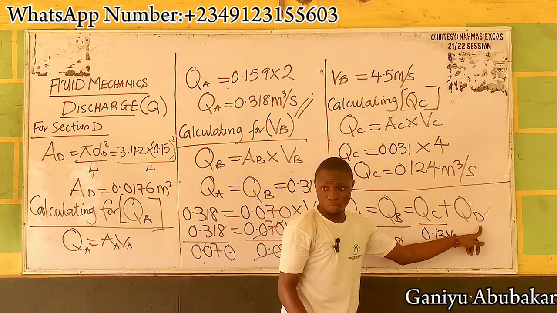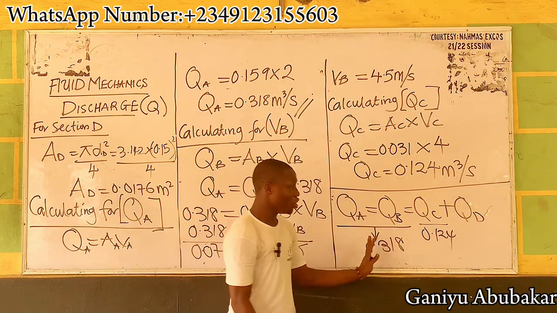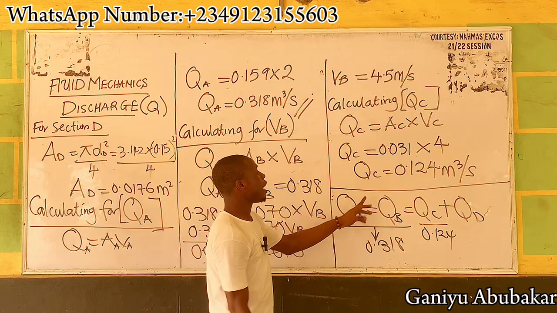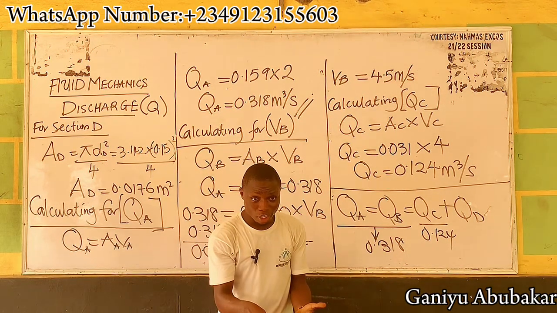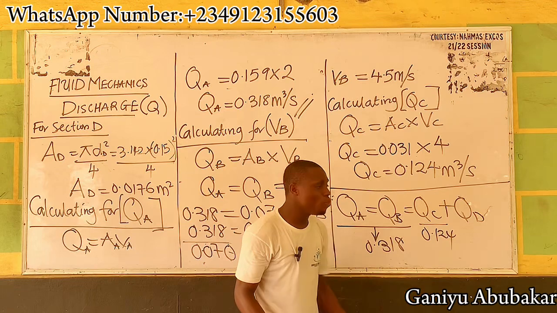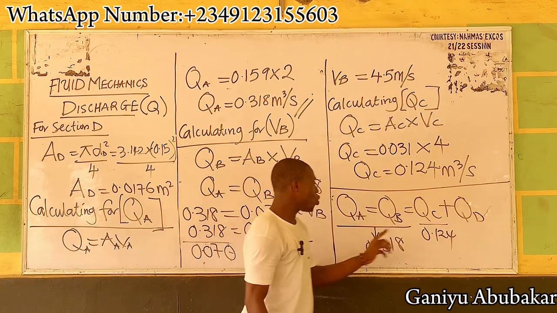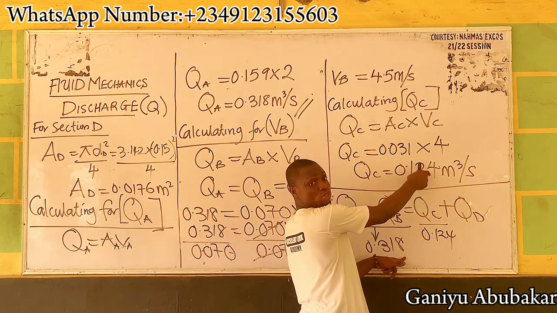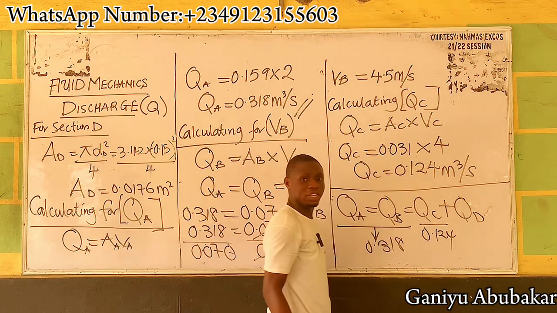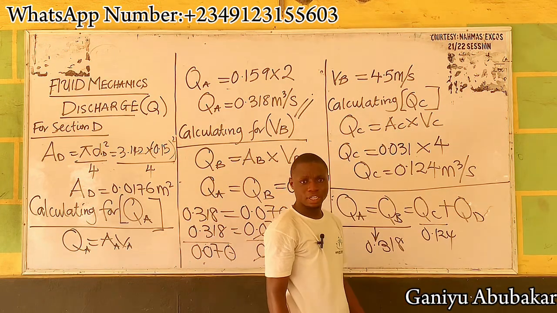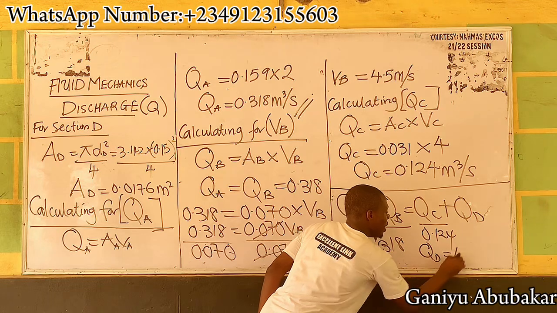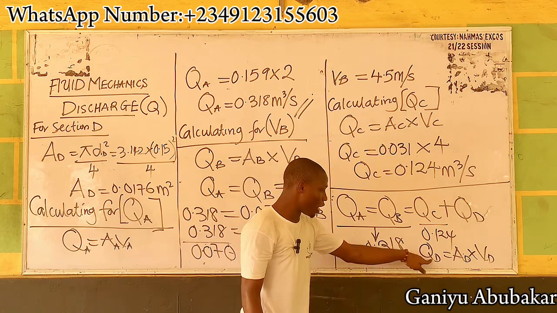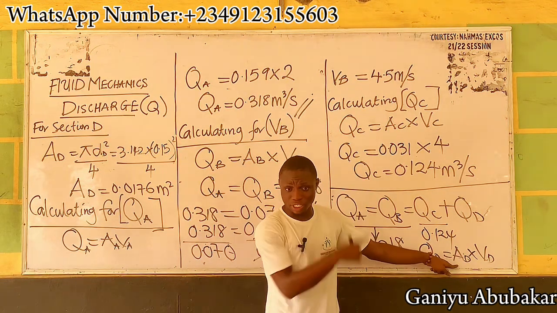I can get QD now. Make QD the subject from here. To get VD, I need to know QD. QA and QB is this value, and QC is found as this. Inside QD, I'll get VD. How? QD is AD times VD. If I know this one now, I can get VD. This one is constant; I know them already. That's how it works.